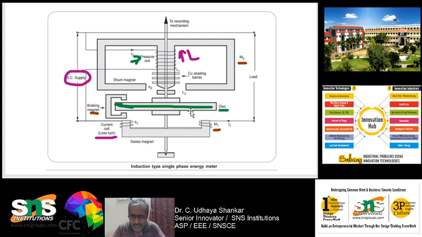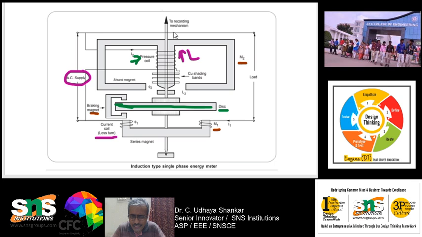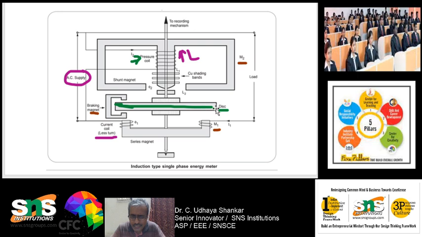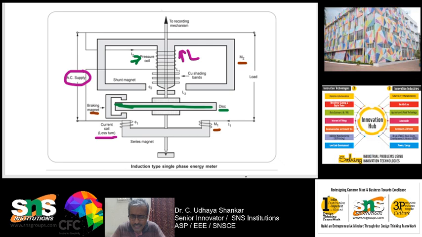What is the driving system? It consists of 2 electromagnets, that is M1 and M2. You will observe that the core has silicon steel laminations, because only by using silicon steel laminations will the eddy current losses be reduced.